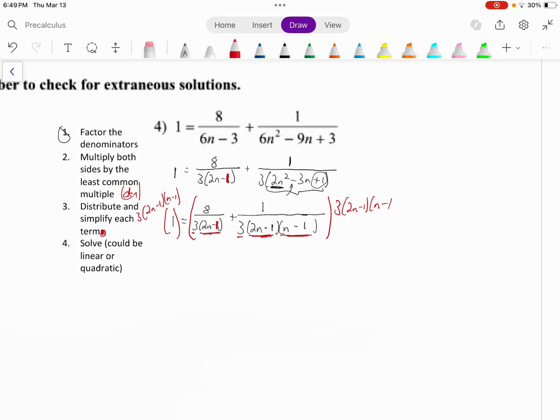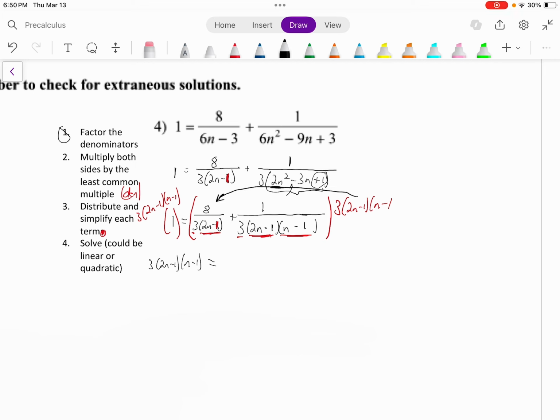All right, so over here on the left, we're all just multiplying by 1, so we have 3 times 2n minus 1 times n minus 1. On the right, this gets distributed to both.